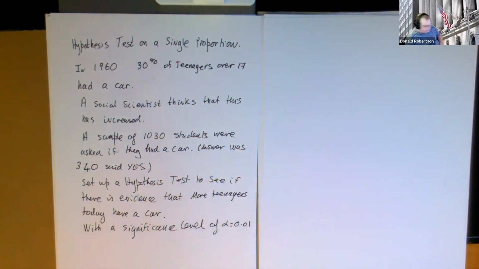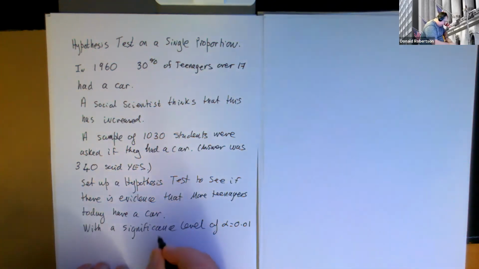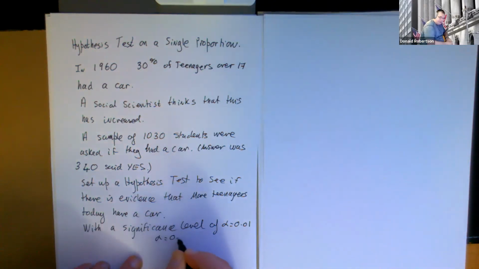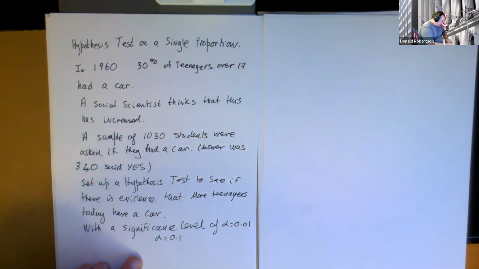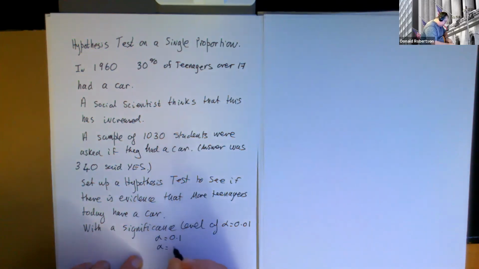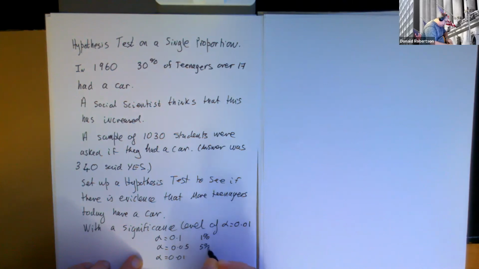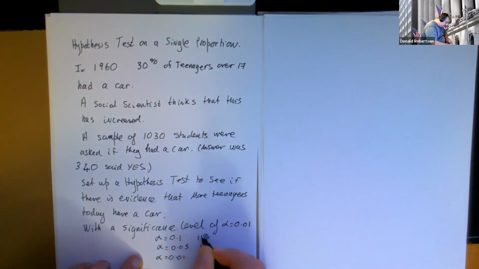The normal levels that you will see are a significance level of 0.1, 0.05, and 0.01. This is sometimes called a 10%, a 5%, or a 1% significance level.